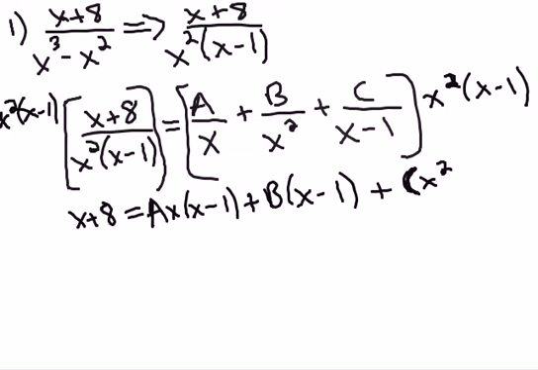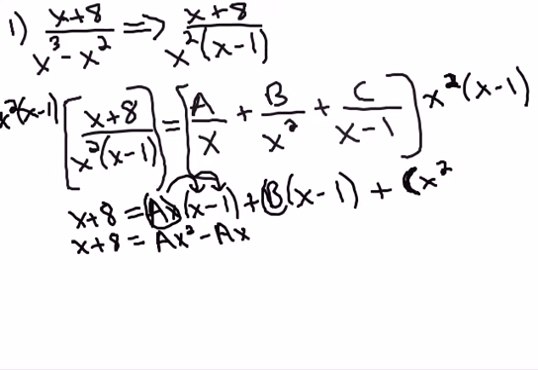Okay, so now the next part is the most tedious part of these problems. I'm going to do some algebra here, distribute, treating a, b, and c as constants. In other words, this term here is being distributed to both of these, and so on.